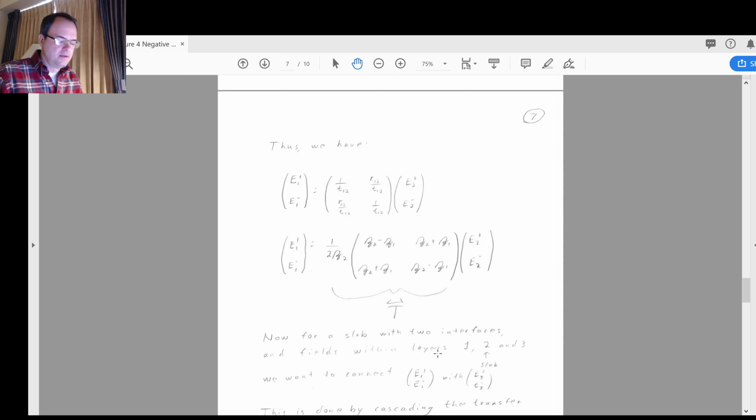So that's that. That's for a single interface. The fields start in region 2, see the interface, and then we hop the interface to get the fields in region 1. All right? And in the process of hopping, mathematically, that is represented by this matrix operation. So going from region 2 to region 1, we have to do that mathematical operation.